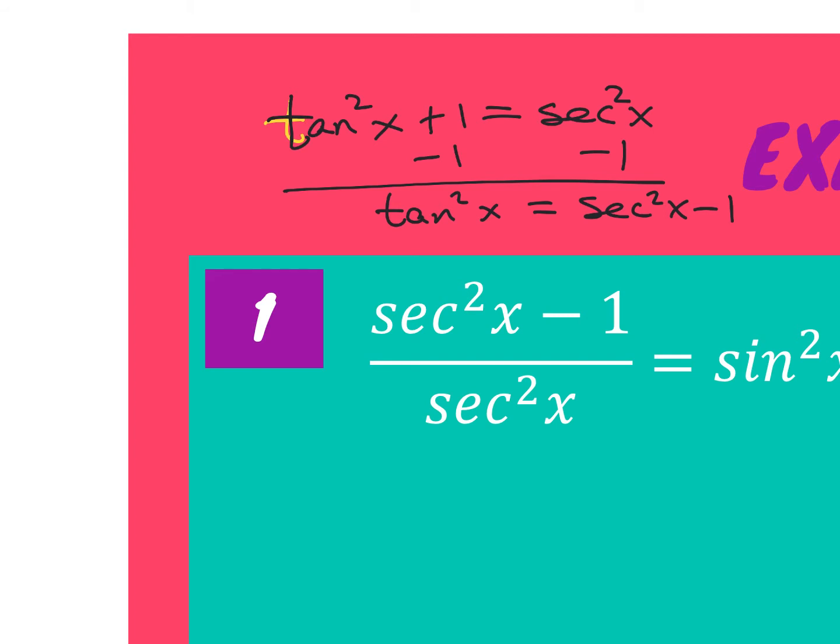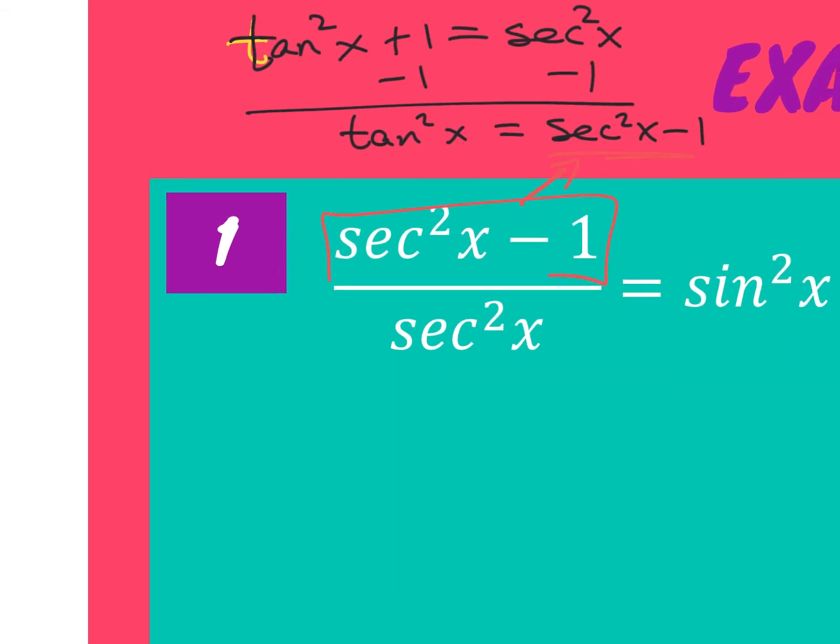Notice right here, this is what I just simplified it to. So I'm going to substitute for secant squared x minus 1, and I'm going to put in there tangent squared x. So in here, I'm going to put tangent squared x over secant squared x.